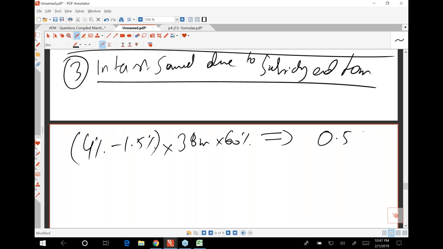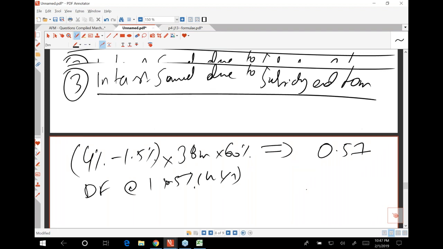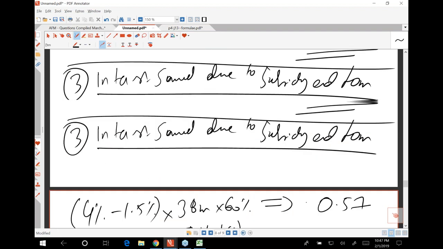0.57. The same discount factor at the rate of 1.5%, the 4-year annuity factor. So what is actually going to happen is 3.854.